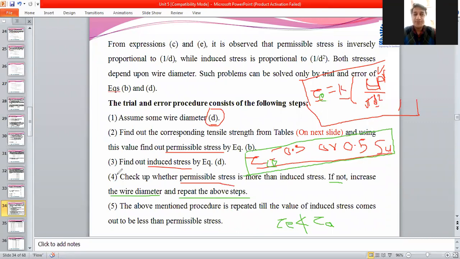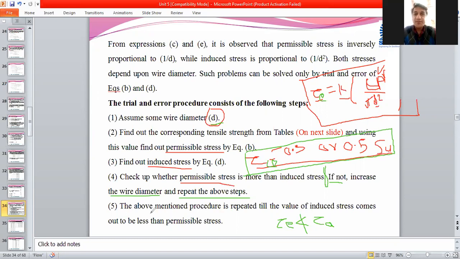Sorry, all 4 steps up to this statement. Again, if the induced shear stresses are not less than the allowable shear stresses, we have to select a different diameter. Not finding actually; from the table, you just select it. Then we select a higher diameter, and again check it.